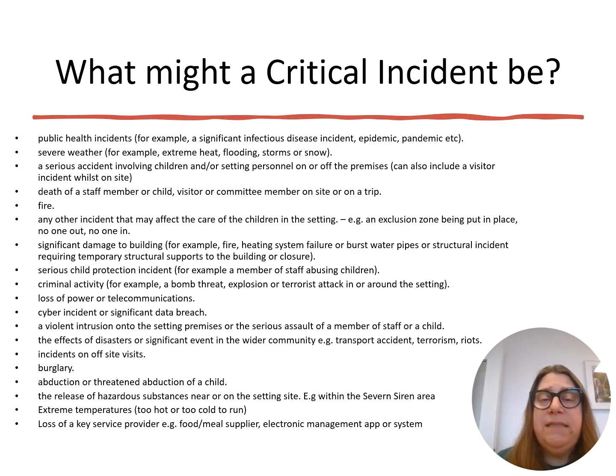And there will be some on the list that will feel irrelevant to you and your setting, but there will be others that feel more likely, and these might be the ones you want to start working through. Maybe think about planning for a few scenarios a term to build your plan so it's relevant to your setting and its context. And of course, as we've mentioned earlier, we have the scenario that you can use as a reference for planning for closure due to severe weather.